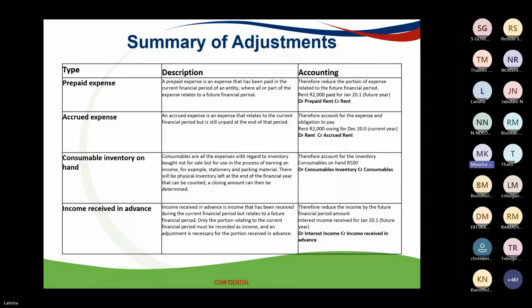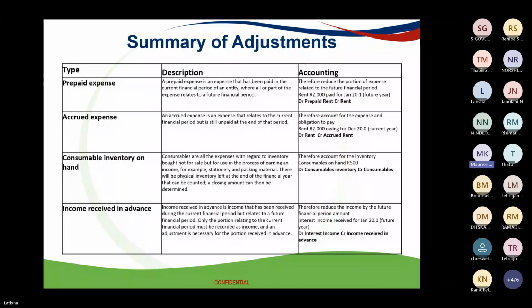So therefore, the accounting would be to reduce the portion that relates to the future period, e.g. 2000. You then reduce the expense by crediting it and debiting the prepaid.